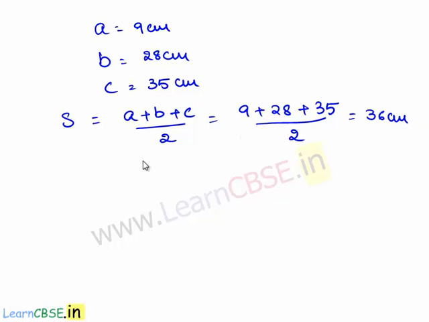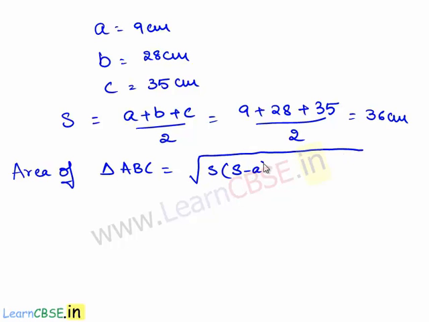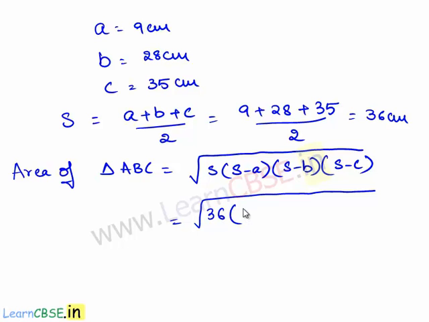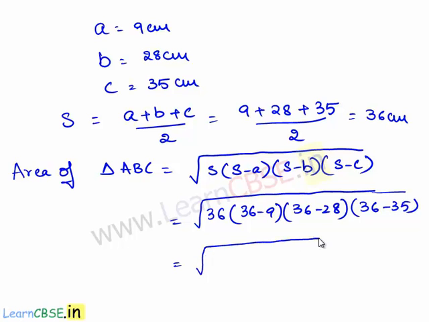Now we shall substitute the value of S in the formula for the area of triangle ABC, that is equal to square root of S times S minus A times S minus B times S minus C. So this is equal to square root of 36 times 36 minus 9 times 36 minus 28 times 36 minus 35.